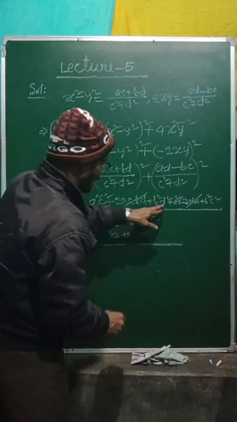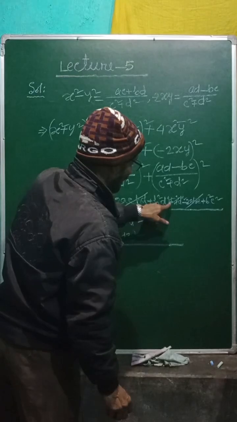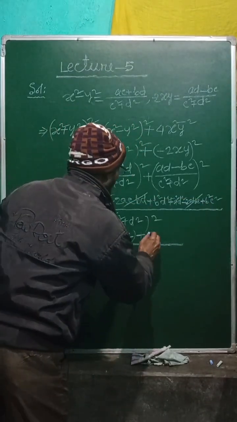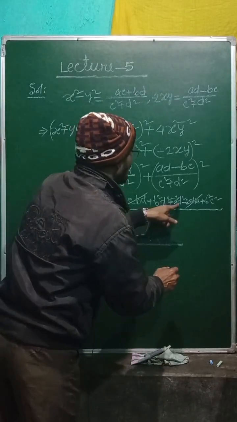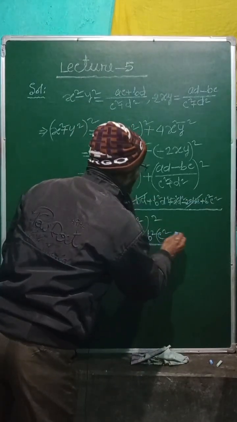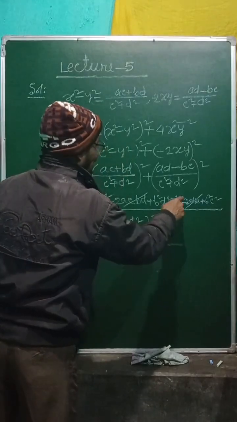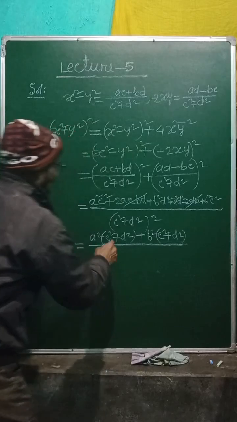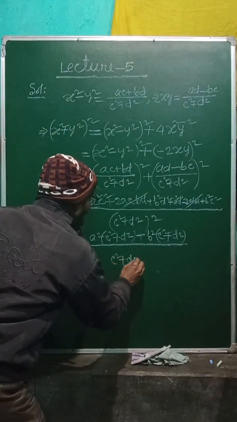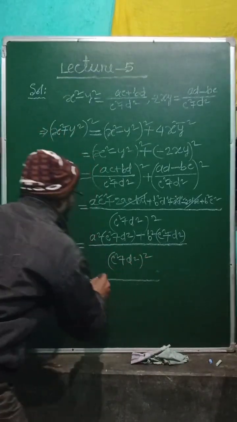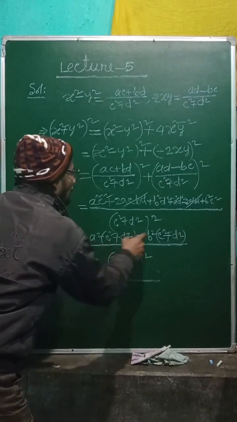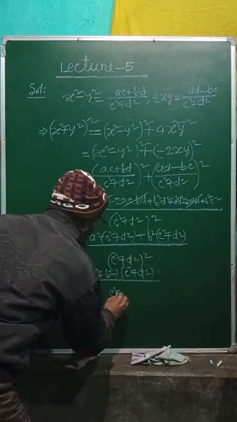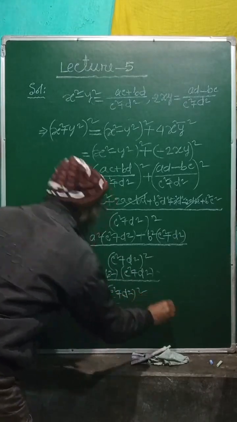After that, remaining other two terms plus b square d square and b square c square. So here b square common, so c square from this term, and here b square remaining d square, divided by (c square plus d square) whole square equal to a square plus b square and c square plus d square, over (c square plus d square) whole square.